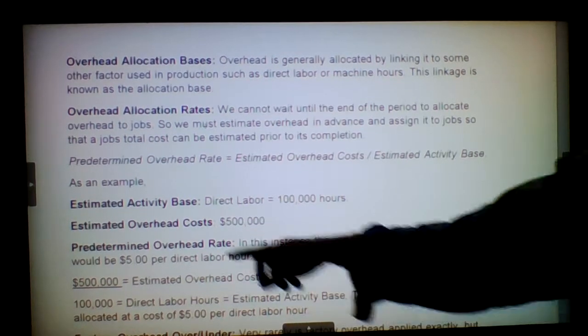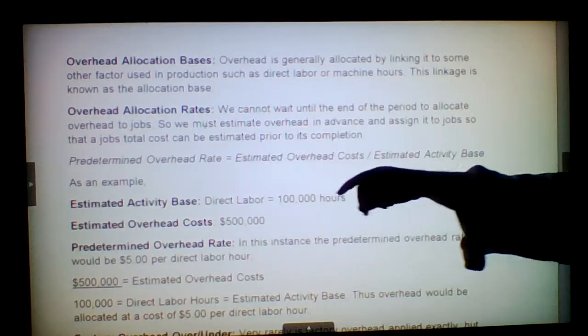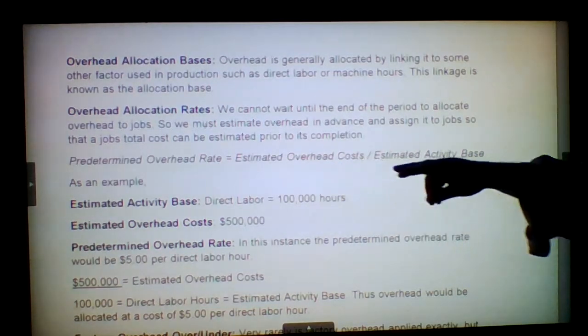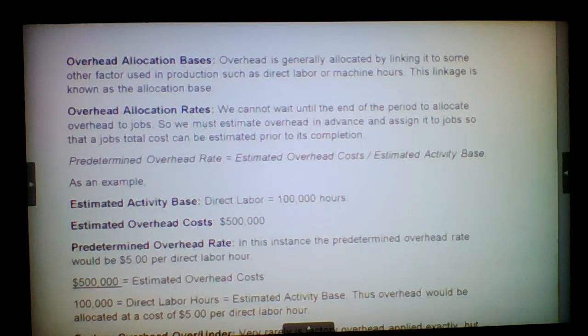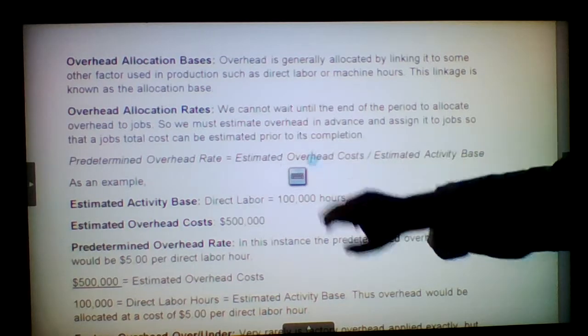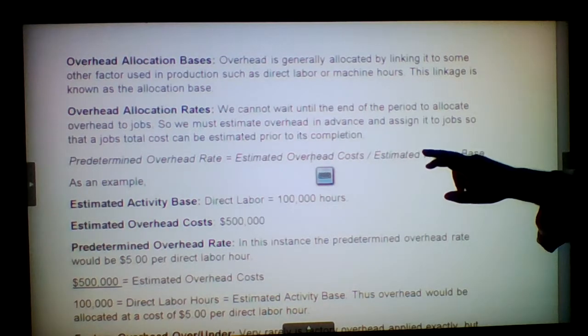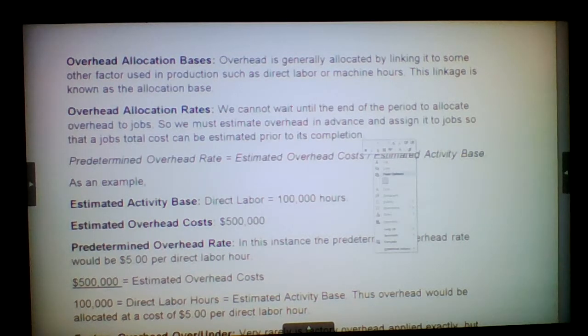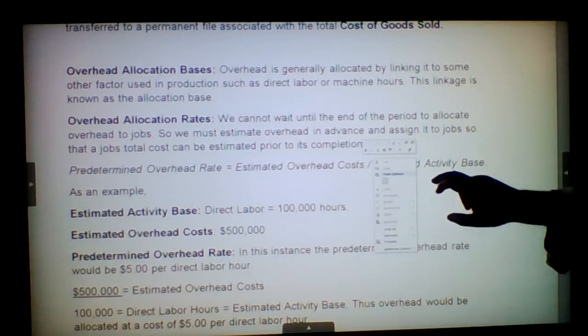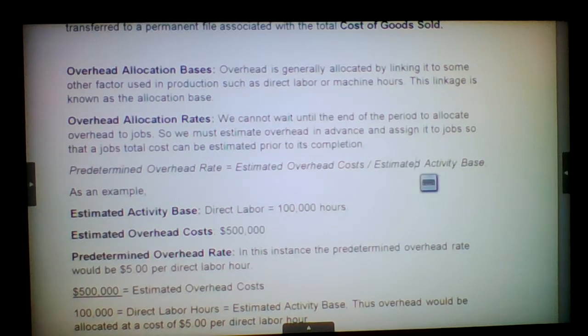You take your predetermined overhead rate: take your estimated overhead cost, divide it by its estimated activity base. So say you had $100,000 here as your estimated overhead cost, and then you had 1,000 hours estimated as your labor hours.